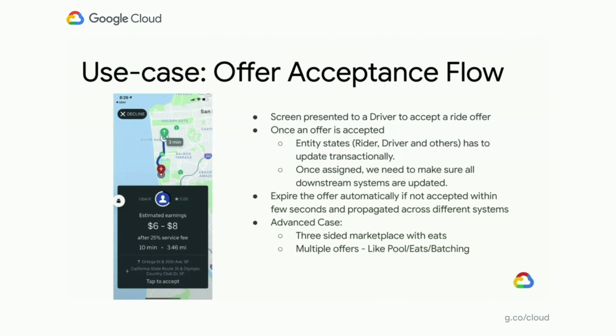Also, the presented offer needs to auto expire if no action has been taken after a few seconds, and the feedback for this also needs to be propagated to downstream systems. These entities are modeled as state machines as they undergo various state transitions from start to finish of a trip. Now, this is a very simple example of a two sided marketplace involving a driver and a rider.